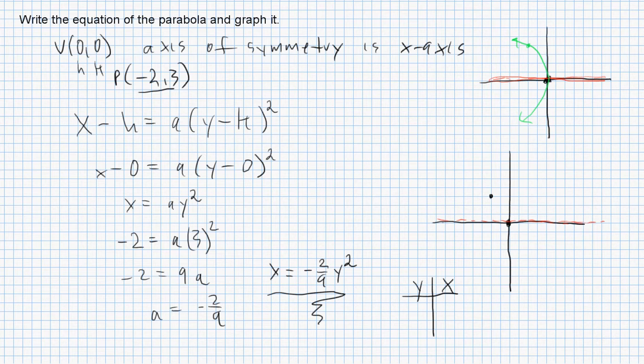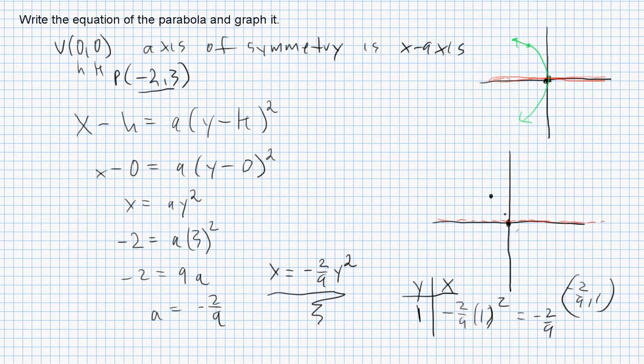So let's pick y equals 1. And I'm going to put that in for the y. So x is -2 over 9 times 1 squared, right? Which is equal to -2 over 9. And so the ordered pair -2 over 9, 1 has to be on the graph. So that means we're going to go left 2 over 9 and up 1.